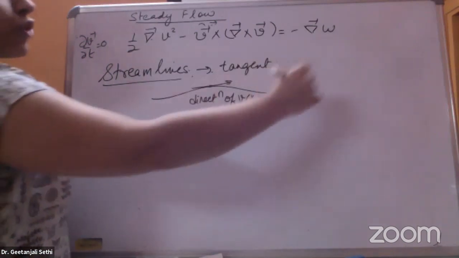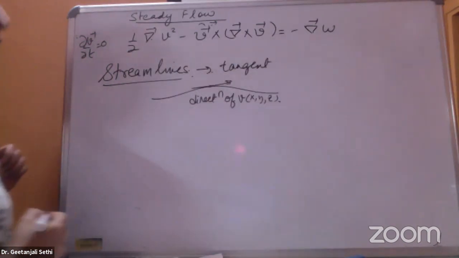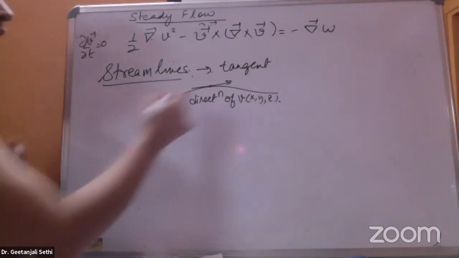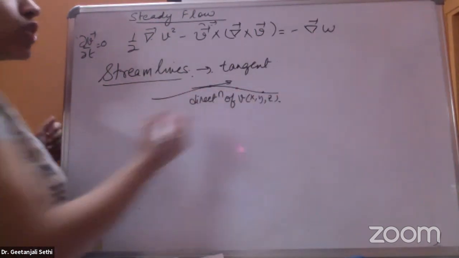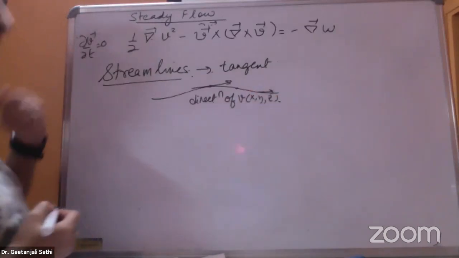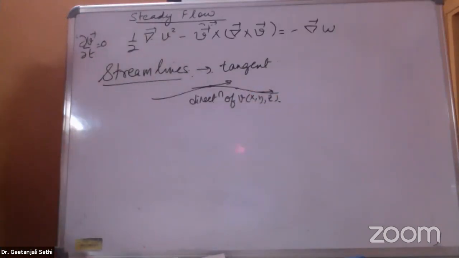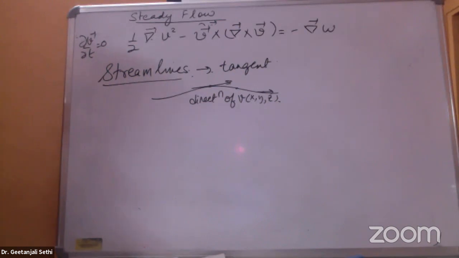So you represent the flow of a fluid by what is called a streamline, and at any point, if you want to represent the velocity of the fluid at that point, that is simply given by the tangent to the streamline at that particular point, right?